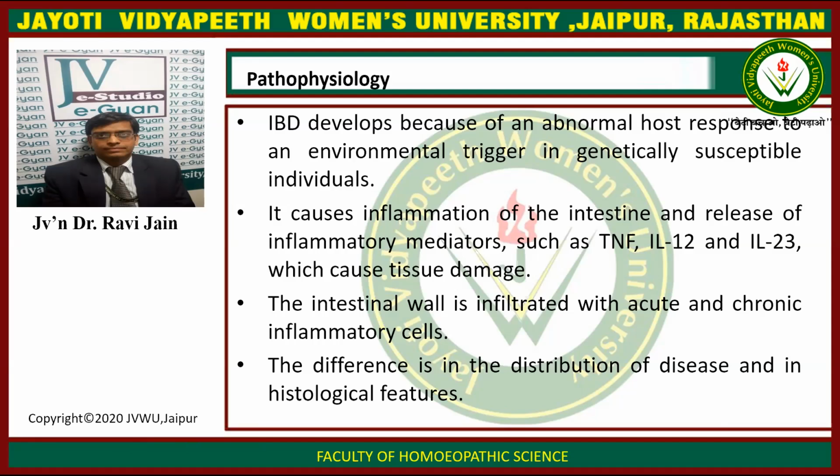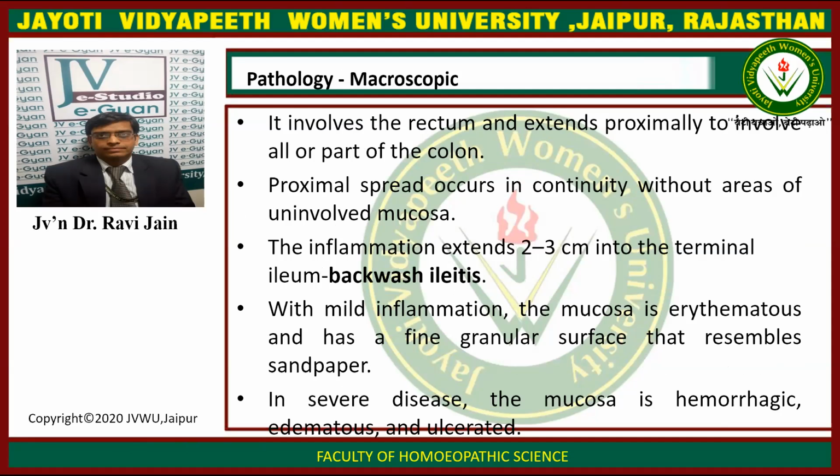It causes inflammation of the intestines and releases inflammatory mediators such as TNF, interleukin 12, and interleukin 23, which can cause tissue damage. The intestinal wall is infiltrated with acute and chronic inflammatory cells. The difference lies in the distribution of the disease and in histological factors.